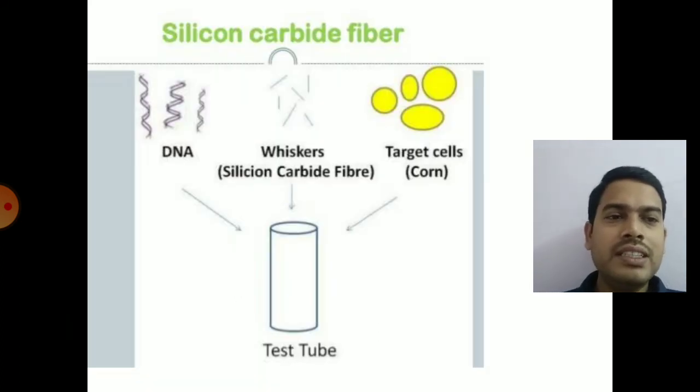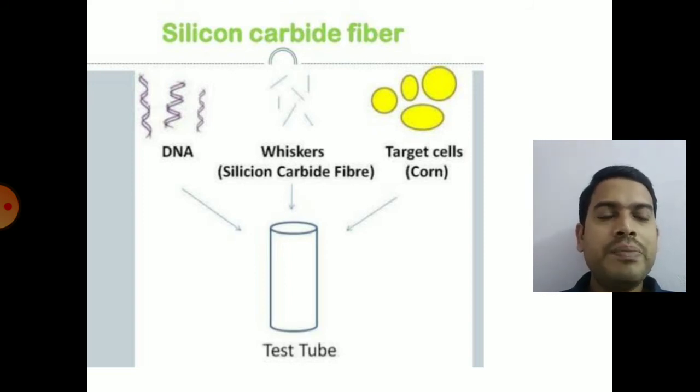The other method is silicon carbide whiskers. Silicon carbide whiskers are fine whiskers made of silicon carbide. They puncture the plasma membranes, and during this process of puncturing, the foreign DNA is introduced into the target cells. So this is how you transfer your gene with the help of silicon carbide whiskers.